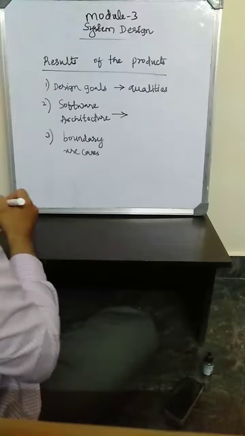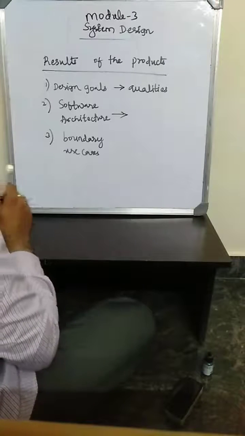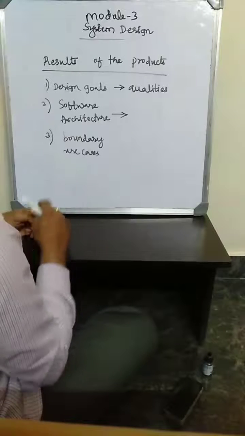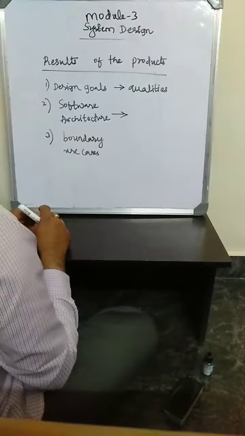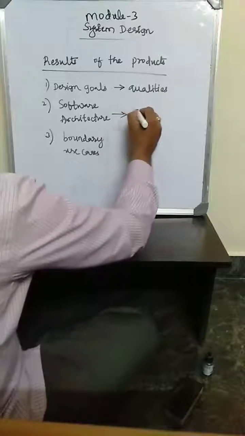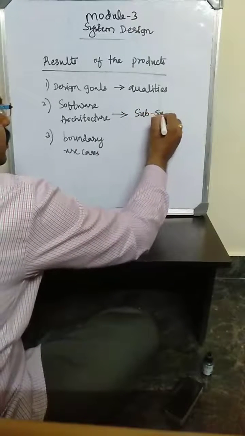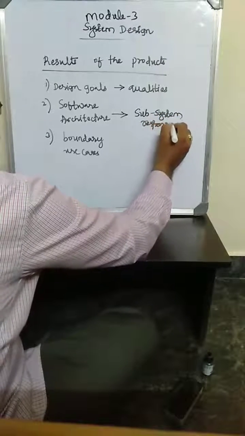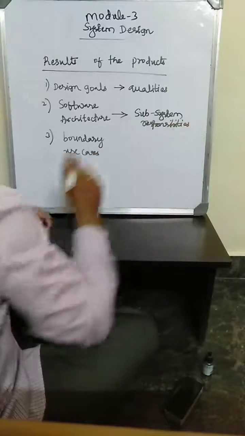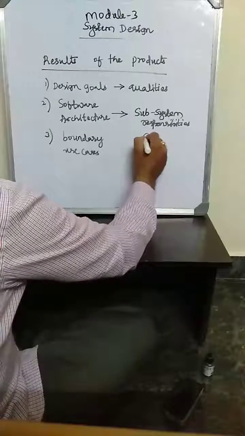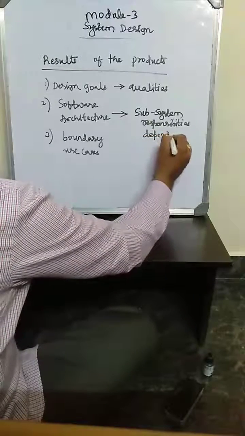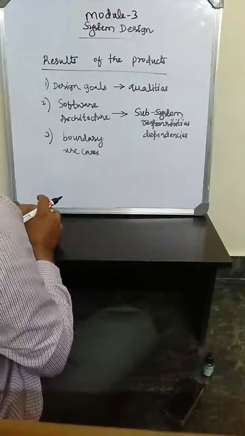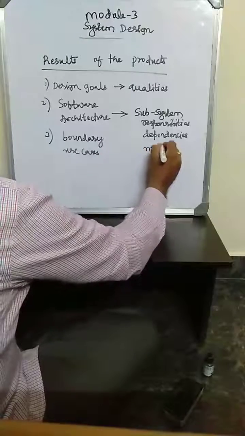Next is the software architecture. What exactly does it describe? It describes the system decomposition in terms of subsystem responsibilities, dependencies, how it is dependent with respect to the other one, and usually here we have one kind of mapping.